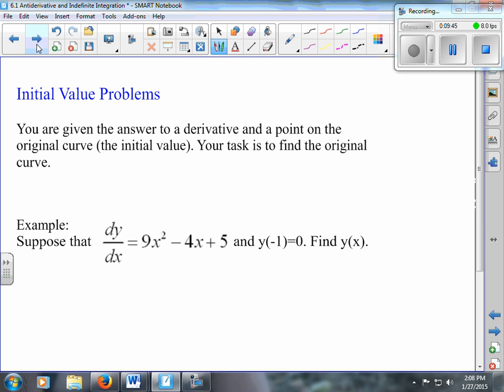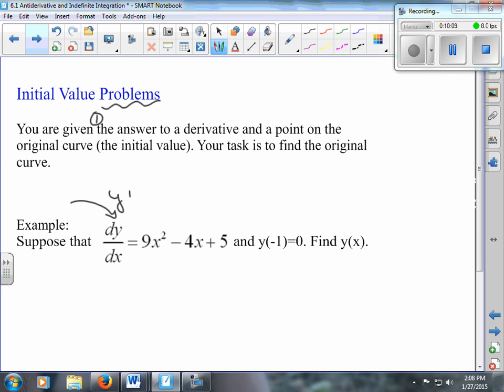All right, new topic, sort of: initial value problems. In initial value problems, we're going to work out that plus c thing a little bit more. So in these types of problems, you're going to be given 2 things. One is the answer to a derivative. So look in this first example. I'm telling you that y prime, dy dx, is 9x squared minus 4x plus 5.